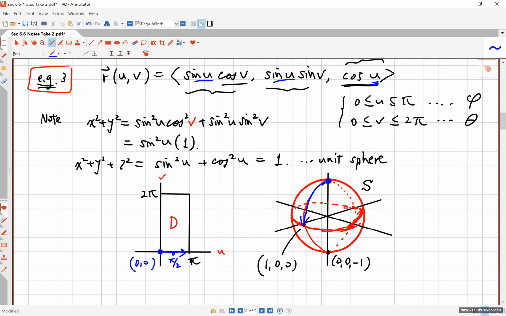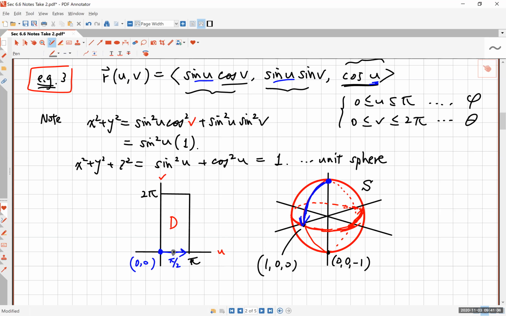Now, the reason I know I'm going in this direction, right to the point 1, 0, 0, is because right here at this gray point, what is that? The u is pi over 2 and v is 0, right?